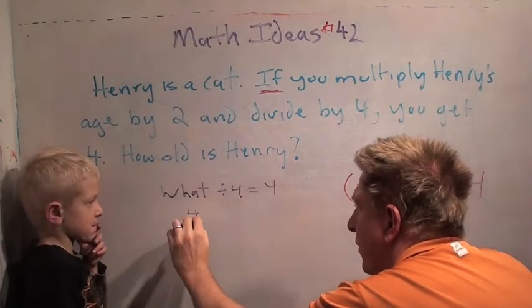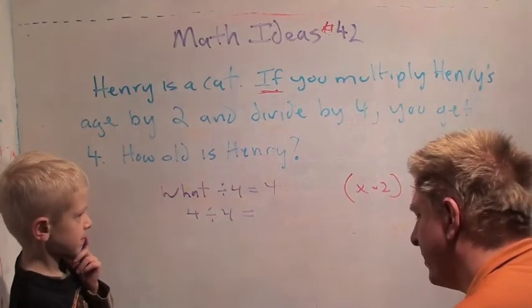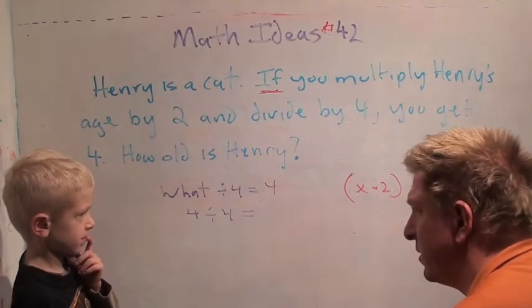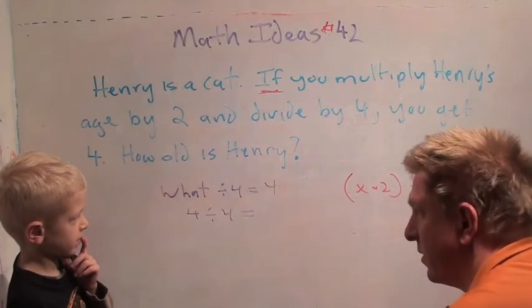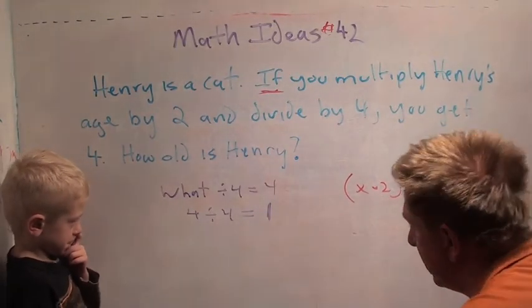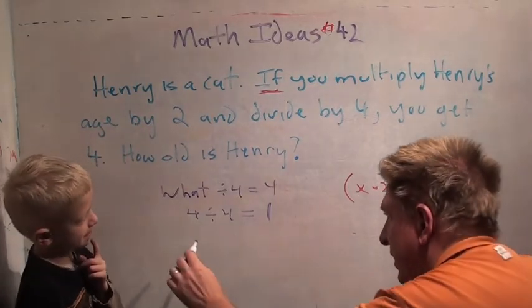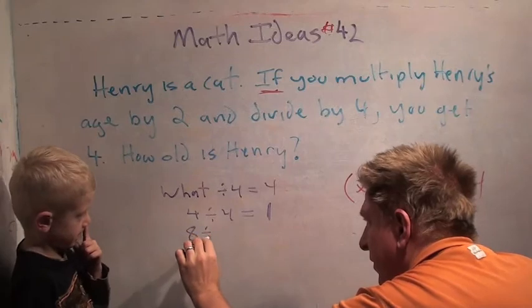Well, how about 4 divided by 4? Do you know what 4 divided by 4 is? How many 4's go into 4? 1. Okay. So 4 divided by 4 is 1, so it's bigger than 4. How about 8 divided by 4?